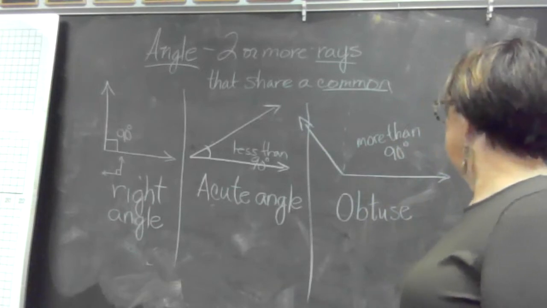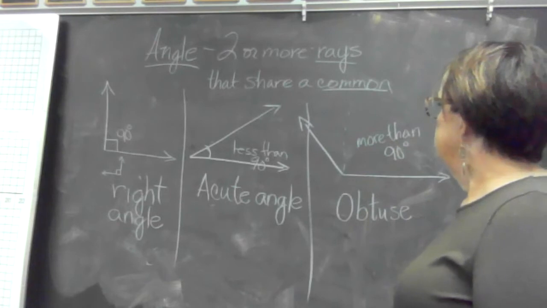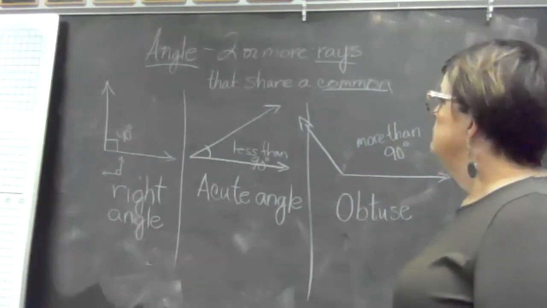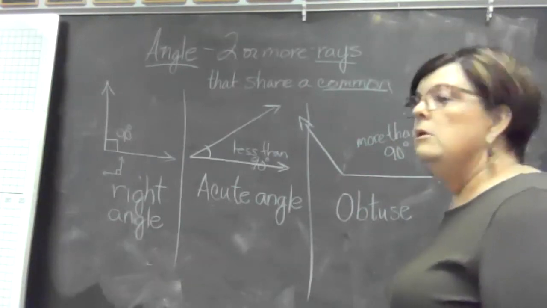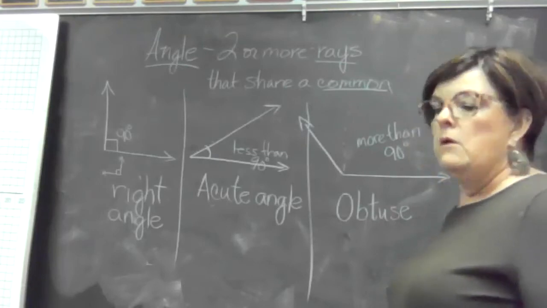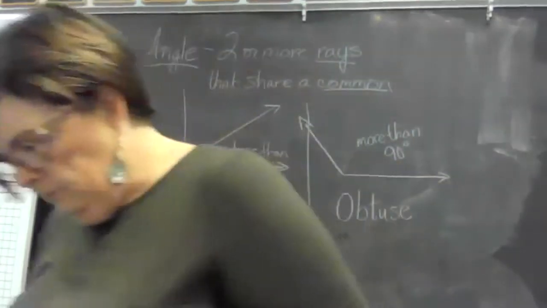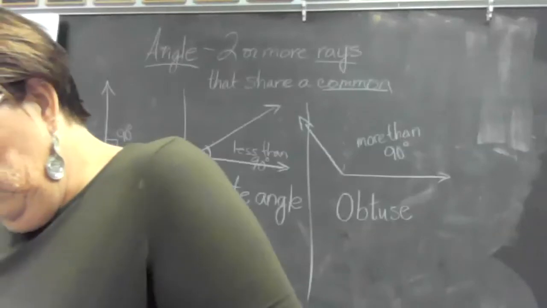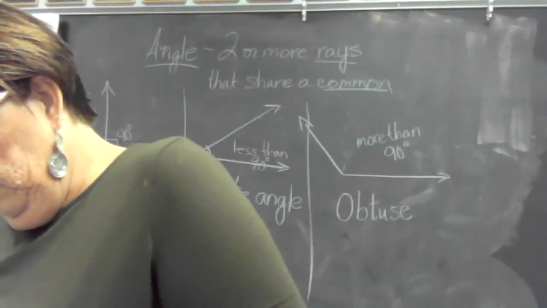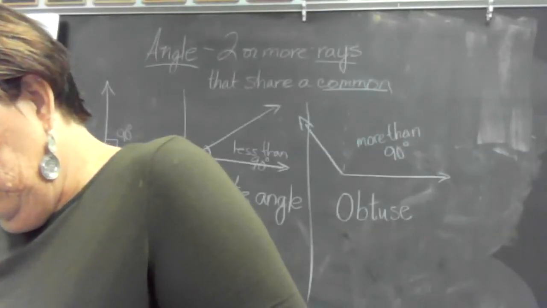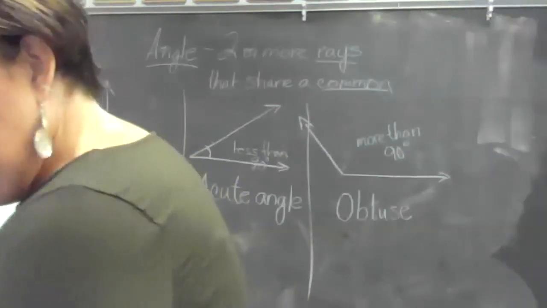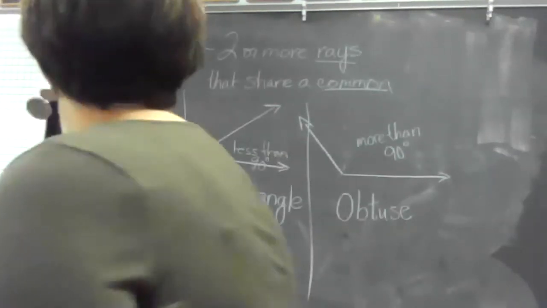What's the little circle there in between the 2 arrows in the picture? It's the vertex. Oh, that's an acute angle. You didn't put it on your picture. The acute angle? Did I not? Oh, yeah.